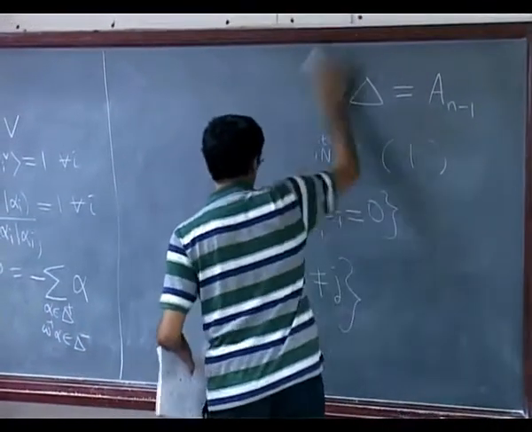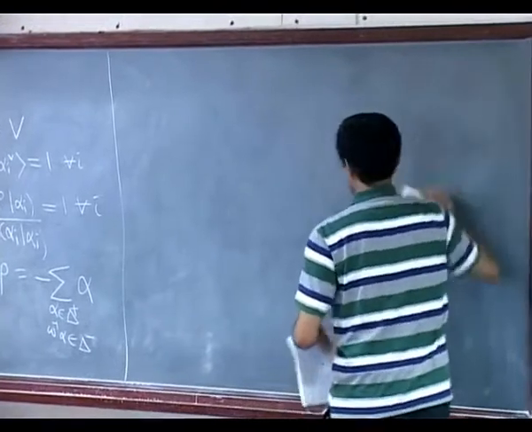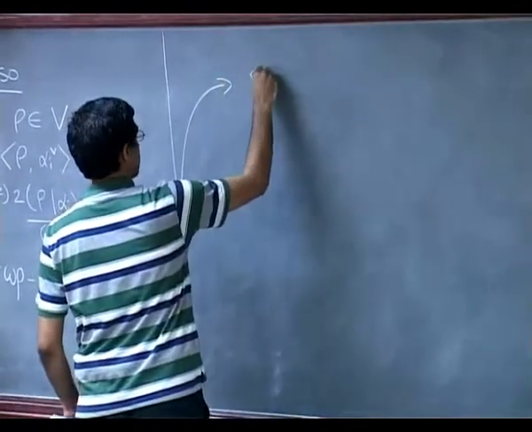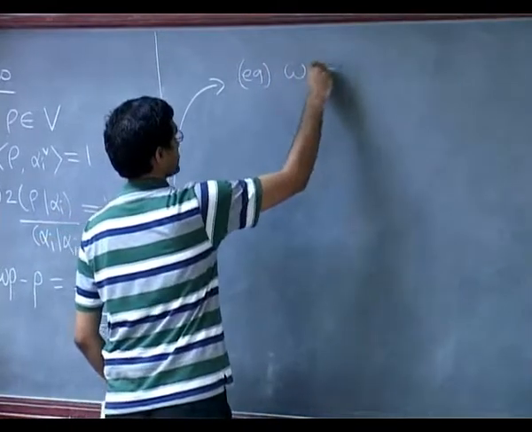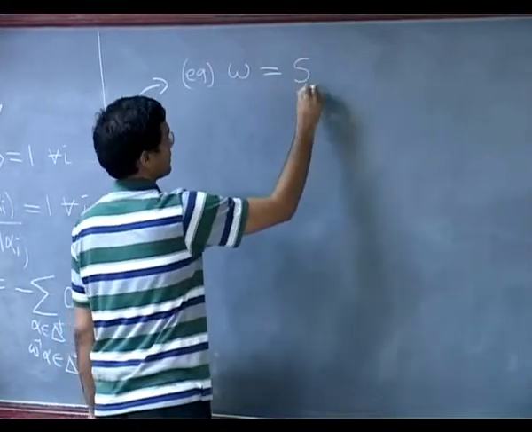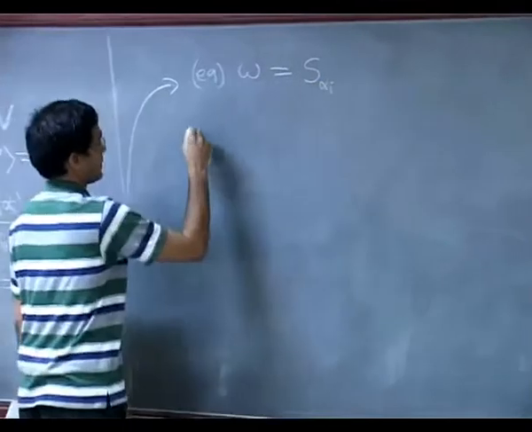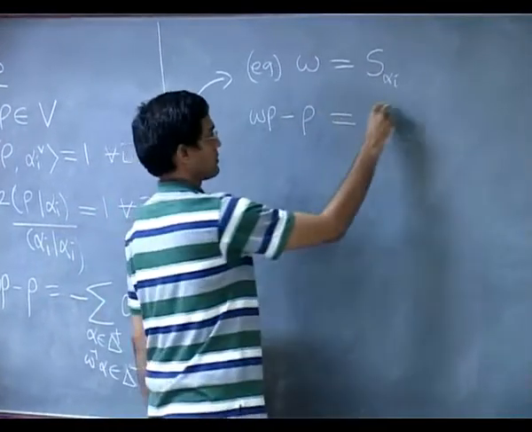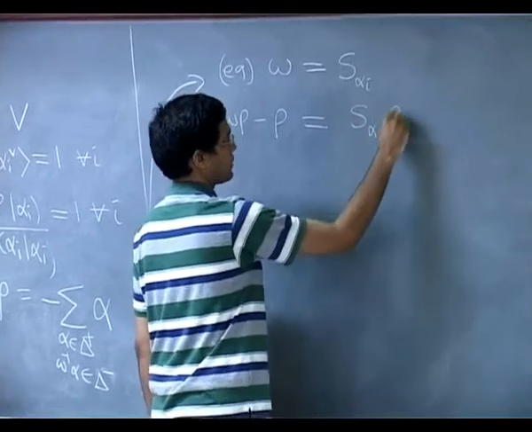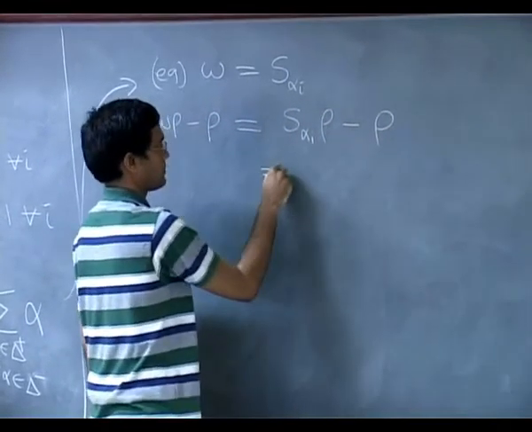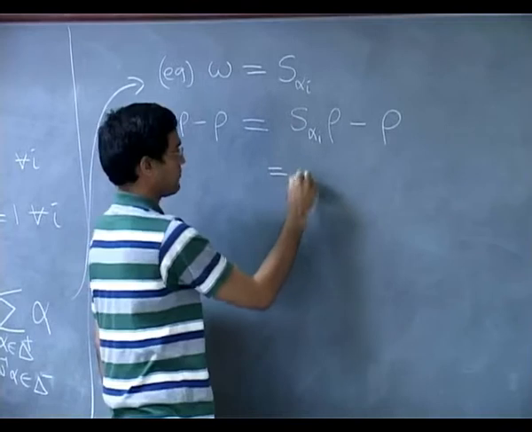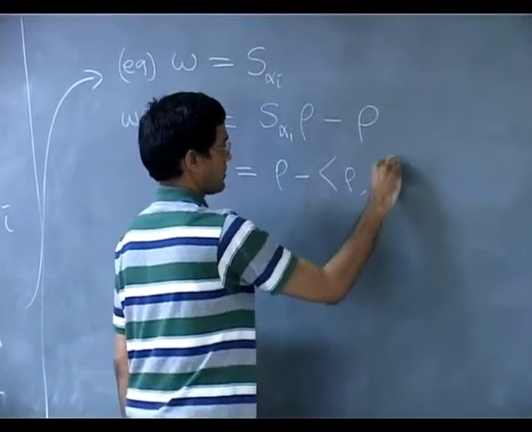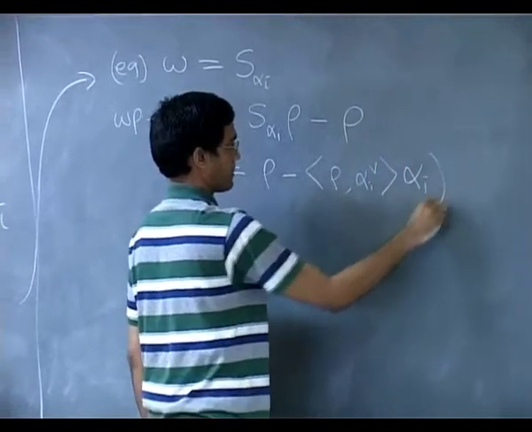And just as an example, let me just demonstrate this. For example, if I take W to be, say, a simple reflection S alpha i, and let's compute W rho minus rho. So when you do S alpha i rho minus rho, but observe S alpha i rho, we have a formula for it. It's rho minus the inner product of rho with alpha i check times alpha i.